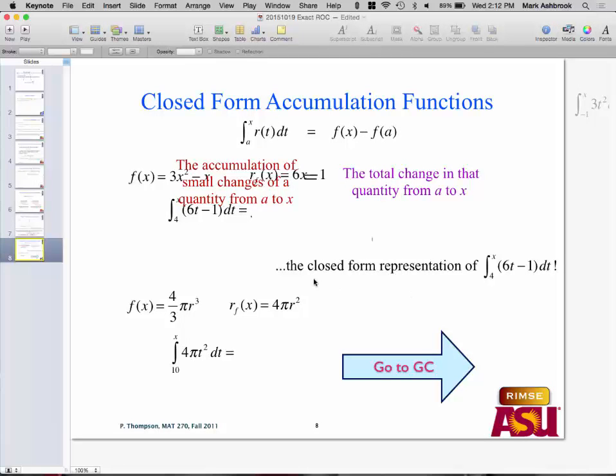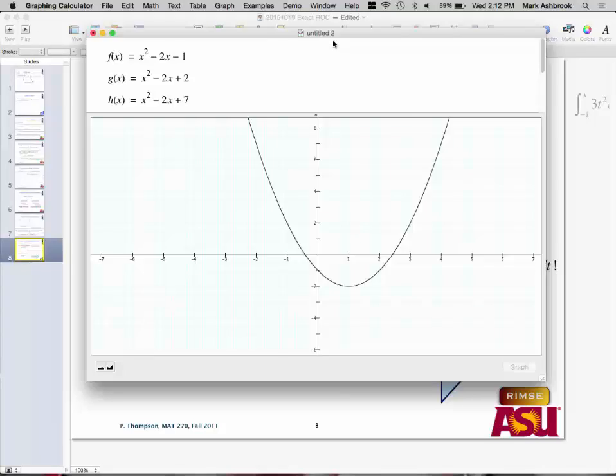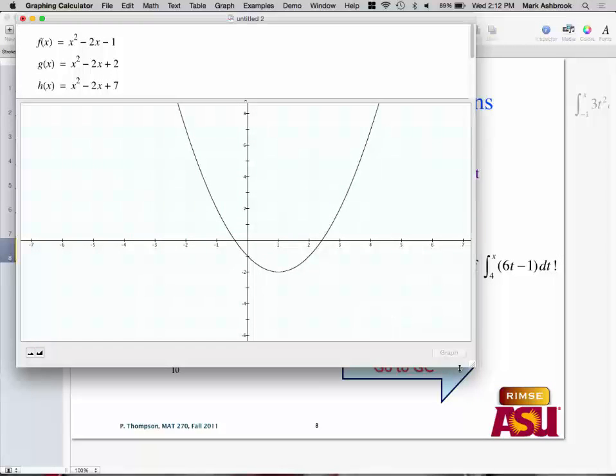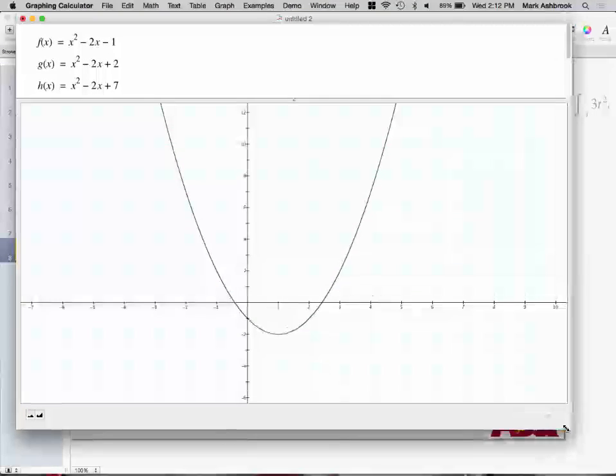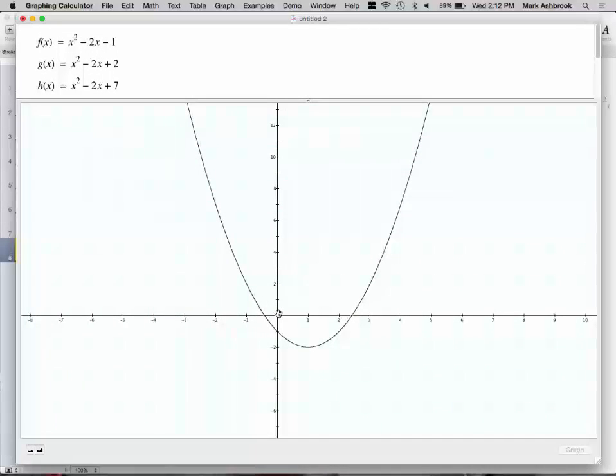So let's look at something from your homework. It gave you three accumulation or amount functions: f of x, g of x, and h of x. x squared minus 2x minus 1, x squared minus 2x plus 2, x squared minus 2x plus 7.